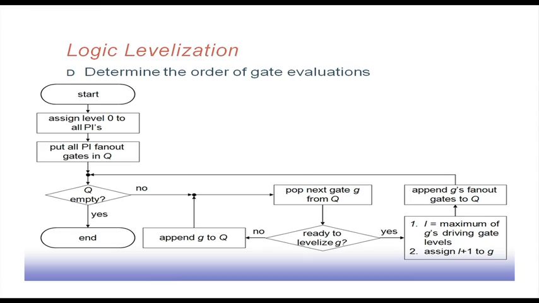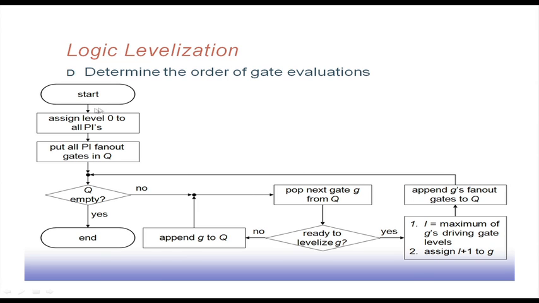We can do it like this. We can have a very simple algorithm that can assign these levels. Assign level 0 to all primary inputs, and put all primary input fan-out gates in a queue. Now, if the queue is not empty, then we pick up the next gate G from the queue.